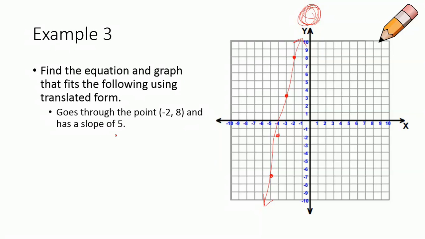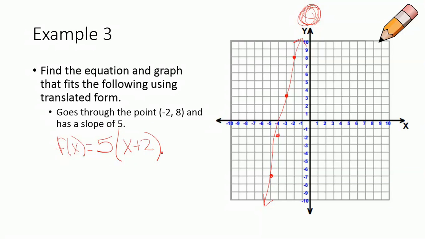Let's use translated form. So I'm going to go f of x equals, my slope is 5. Then we need to do something with x. So x moved left 2, up 8. So left 2 would be plus 2 inside the parentheses, right?